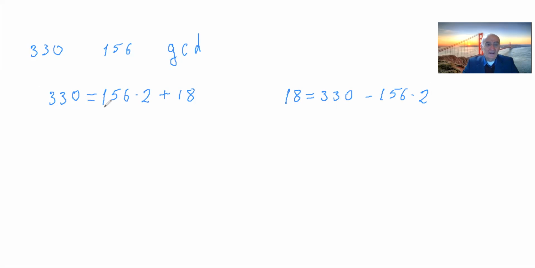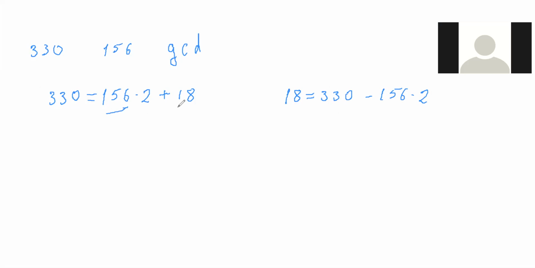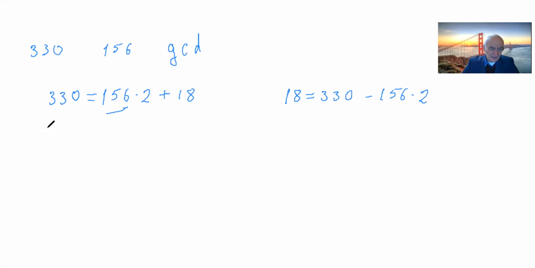Okay. Next step, this is step 1. The next step is 156. We should divide by the remainder, by 18. And if we divide 156, it equals 18 times 8 plus 12.